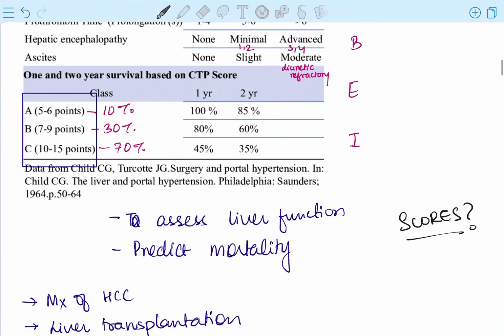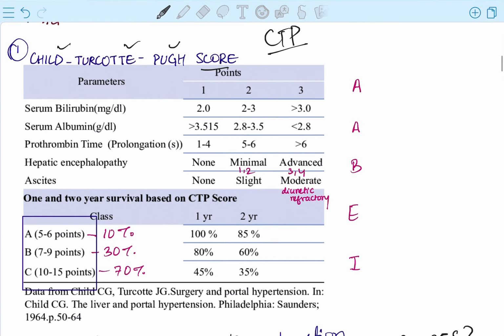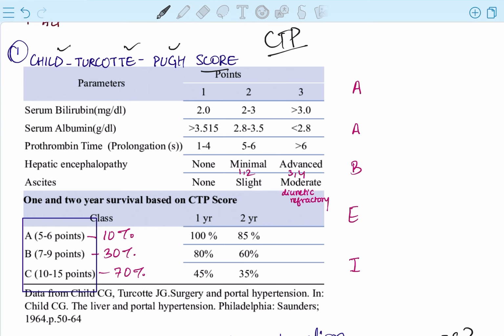Under the CTP score, the Child Turcotte Pugh score, we have these parameters, which we can remember as A. A stands for albumin. One more A stands for ascites. B stands for bilirubin.